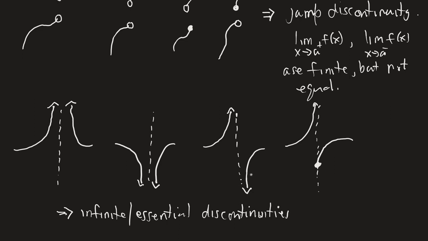And so how do these come about? Well, as I said, at least one of the one-sided limits has to go off to either plus or minus infinity, right? So what we would have to say is this. So either this, right? And or, because it could be both, but I'm just saying at least one of them has to be infinite.